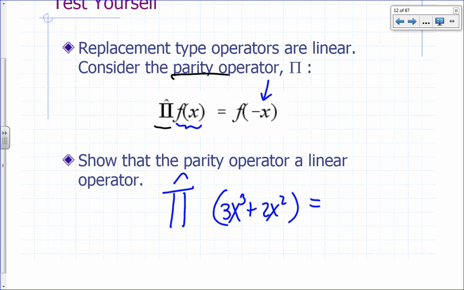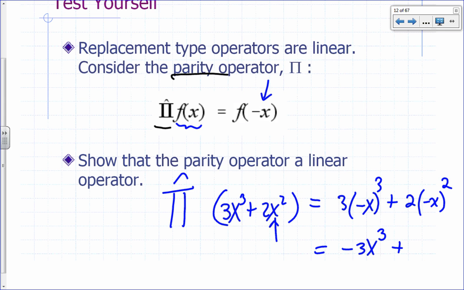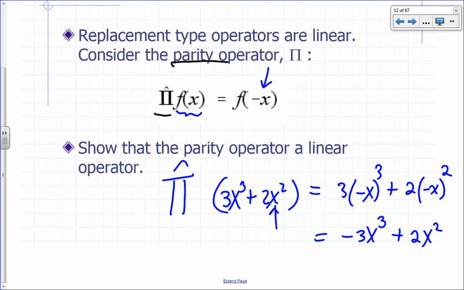I see an x, I replace it by negative x, so that's going to be 3 times negative x cubed plus 2 times, I see an x, I replace it by negative x, so 2 times negative x squared. So that gives me negative 3x cubed plus 2x squared. That's what the parity operator does, right? So let's see if the parity operator is a linear operator.